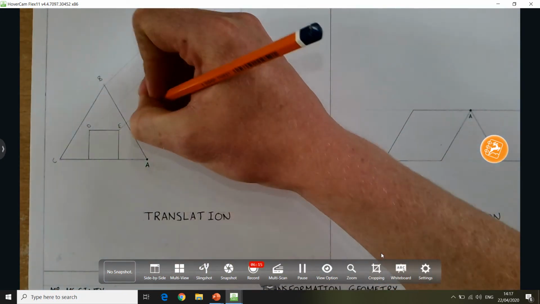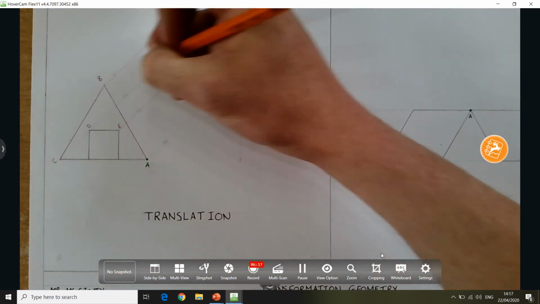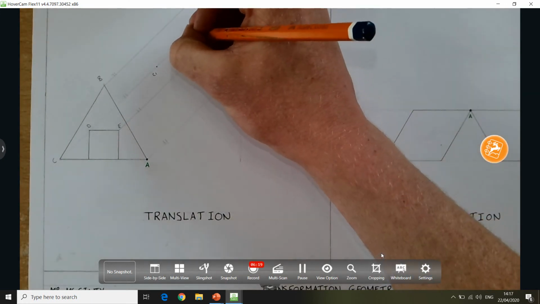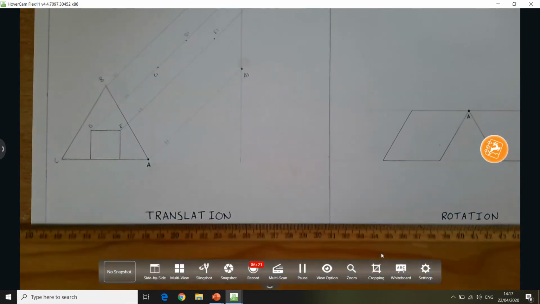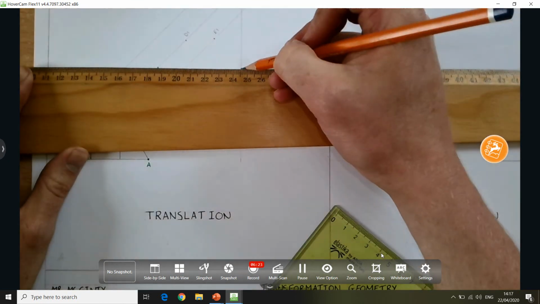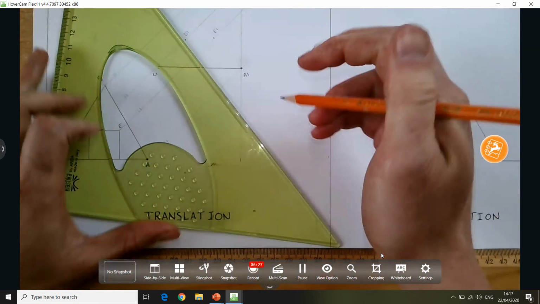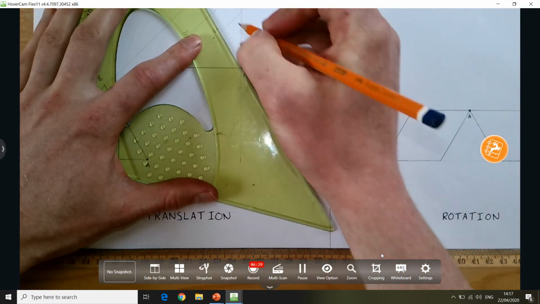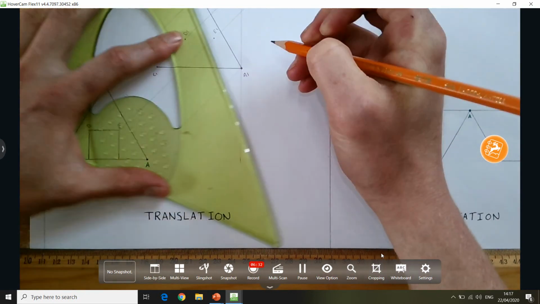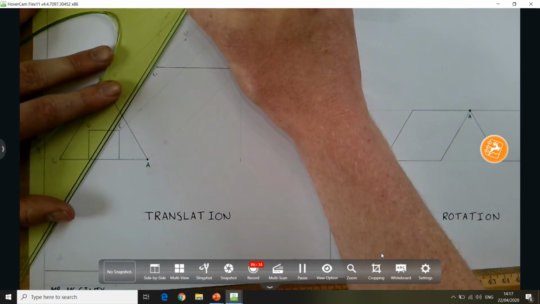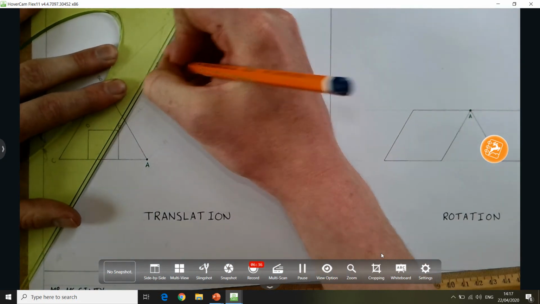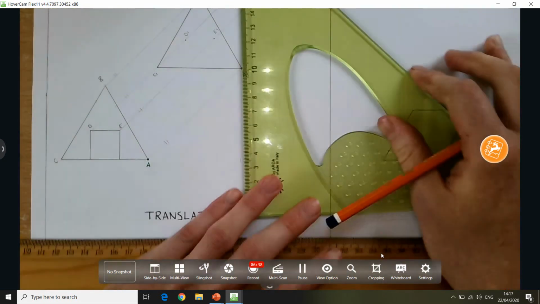All these lines are parallel. Okay, so that was D1. So all that's left to do is join them up. So you can do nice dark lines here. So you join them up, and you're going to end up with your equilateral triangle again. So all the sides should be 60. Okay, so there's a basic outline of the fence.